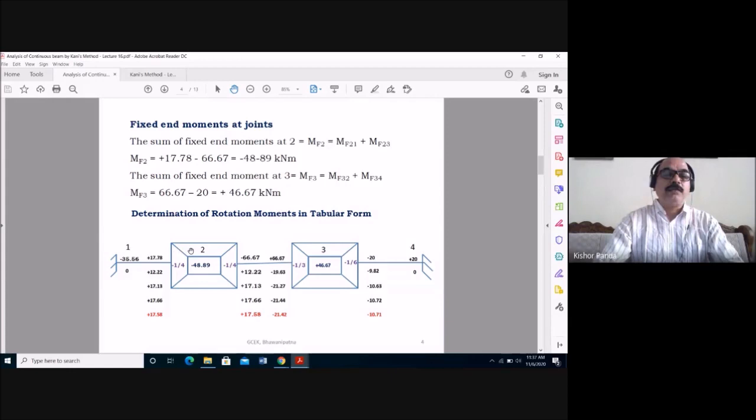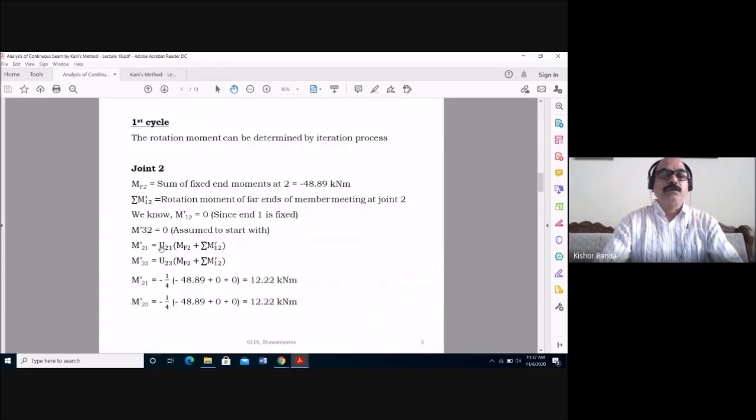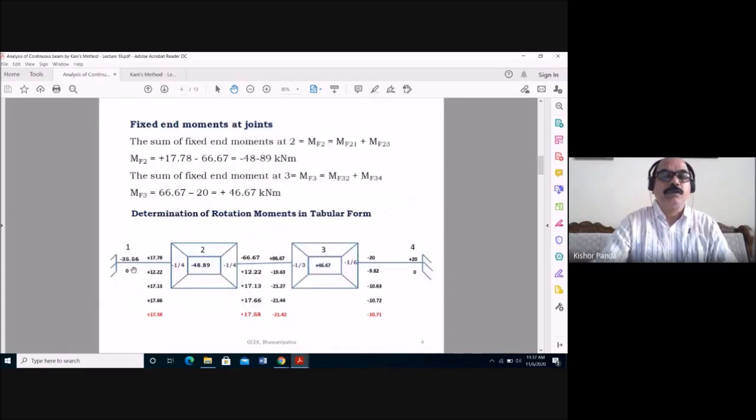So M dash 2, 1 is equal to, this is the formula we already discussed, M dash 2, 1 is equal to mu 2, 1, the rotation factor, into the sum of the fixed end moment of joint 2 plus the summation of M dash 1, 2, that is the sum of the far end rotation moment. The far end rotation moments are this one and this one, so this is 0 and this one is assumed 0.